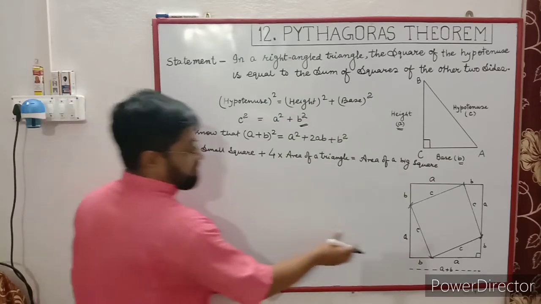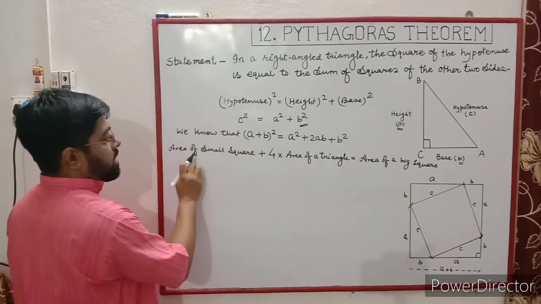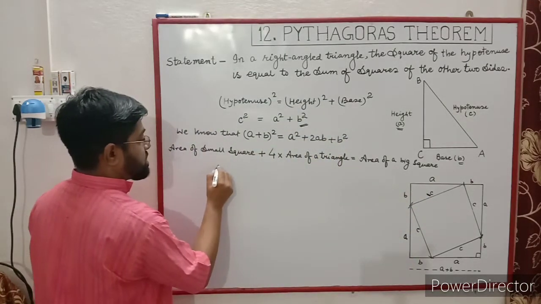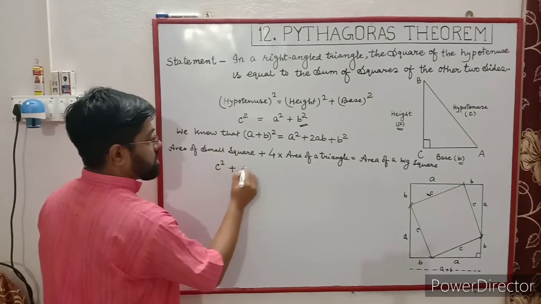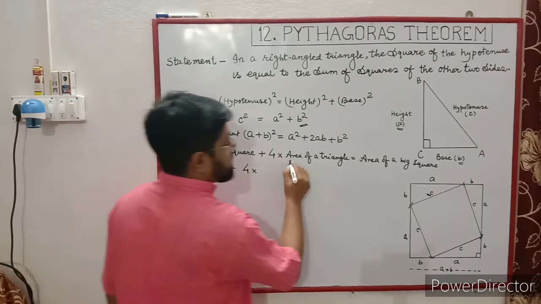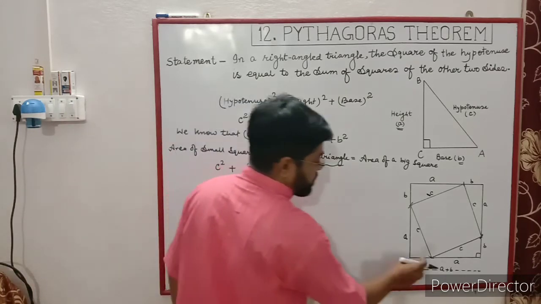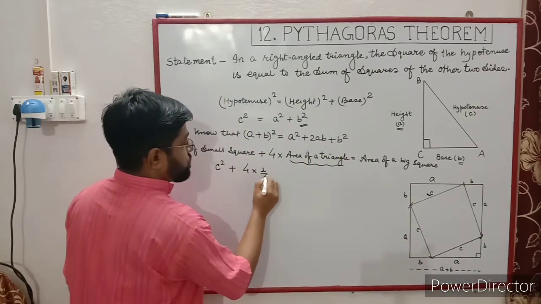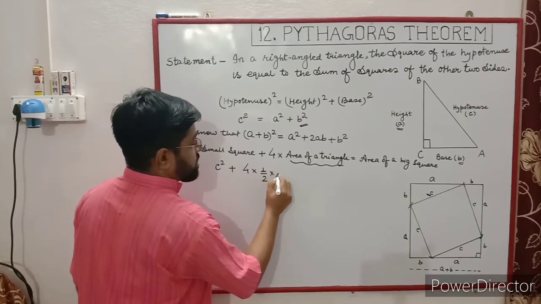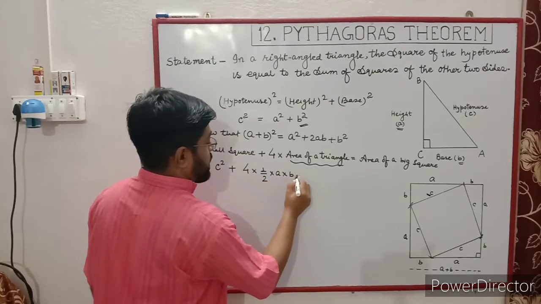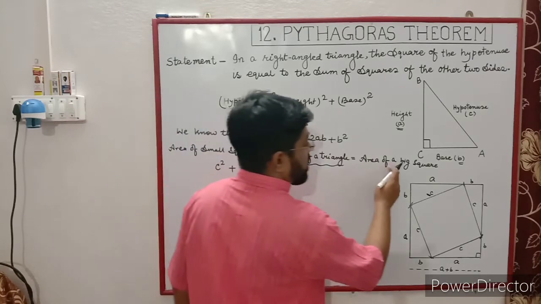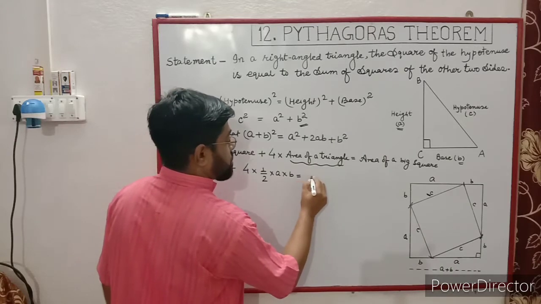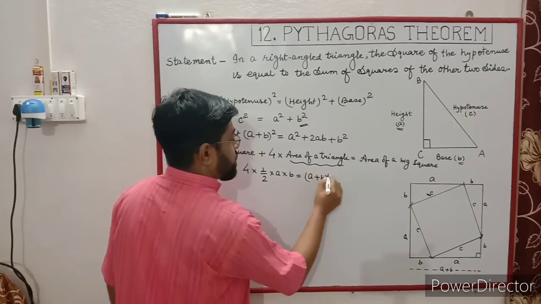Now from the figure, area of a small square whose side is C, so we write C square, plus 4 times area of a triangle whose base is B and height is A, so 1 by 2 into A into B, is equal to area of a big square whose side is A plus B, so (A plus B) whole square.